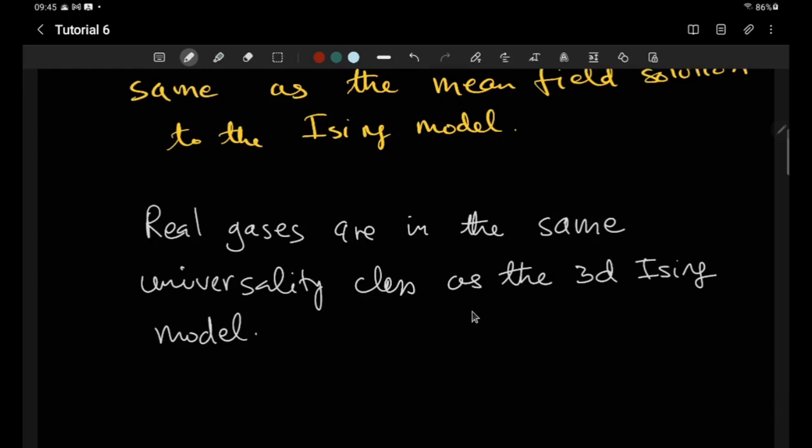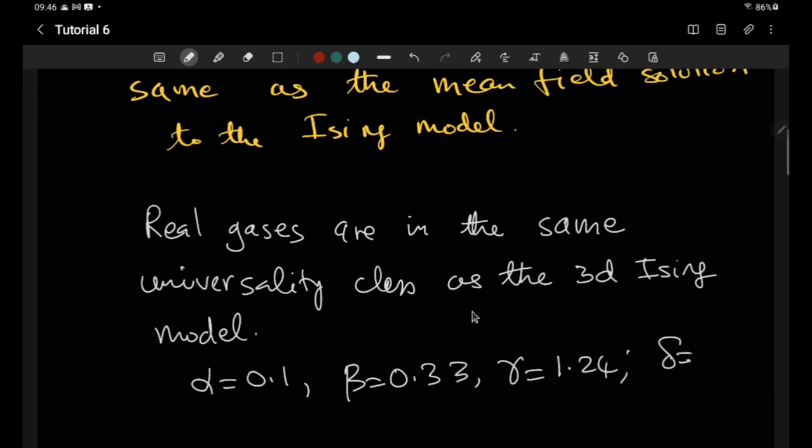Okay, and the 3D Ising model has alpha equal to 0.1, beta equal to 0.33, gamma equal to 1.24 and delta equal to some 4.79. It's all numerically computed. So this is from simulations.